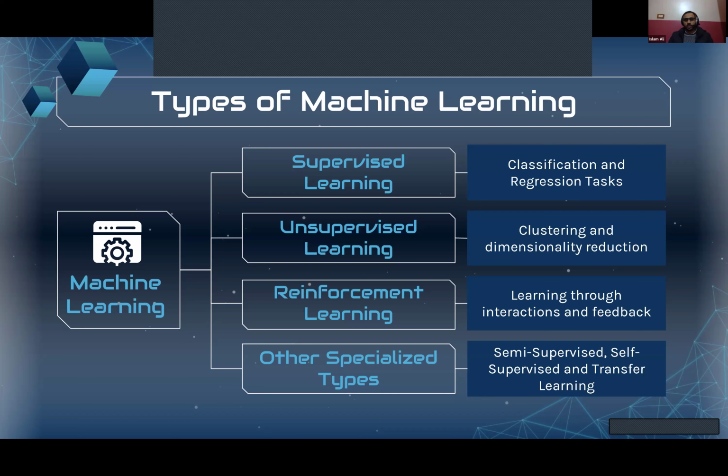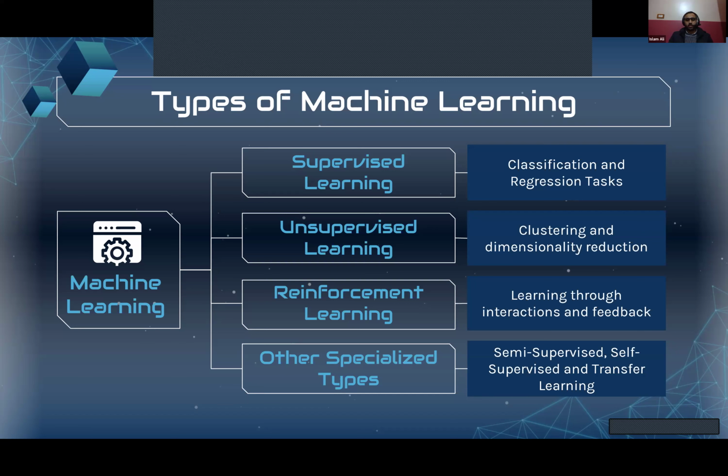Third type is called reinforcement learning. And by that, we mean learning through interaction and feedback from the user. As an example, ChatGPT and DeepSeek work in this manner. It learns from you, from your interaction and your feedback.